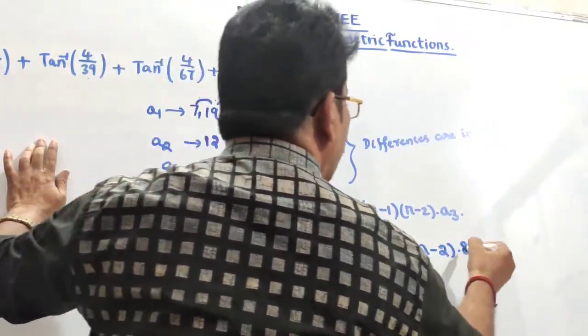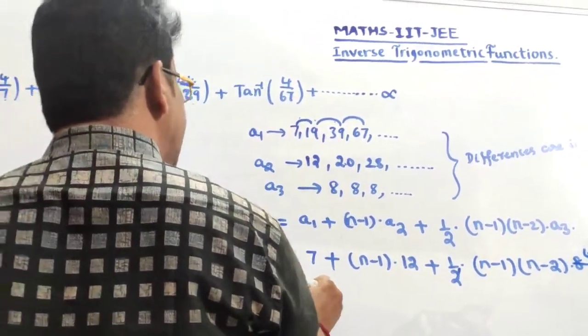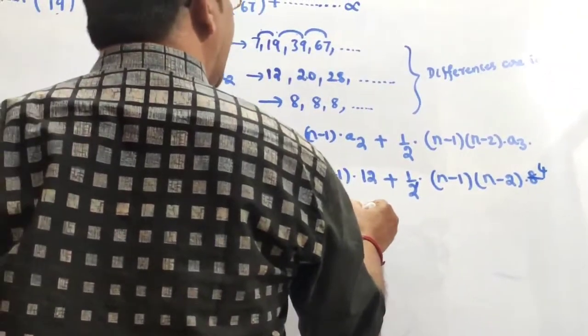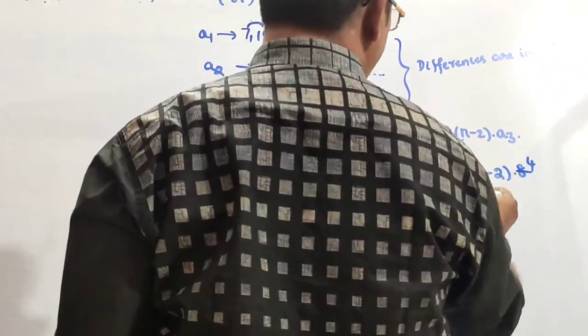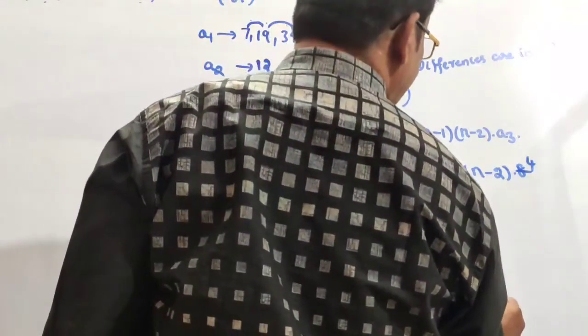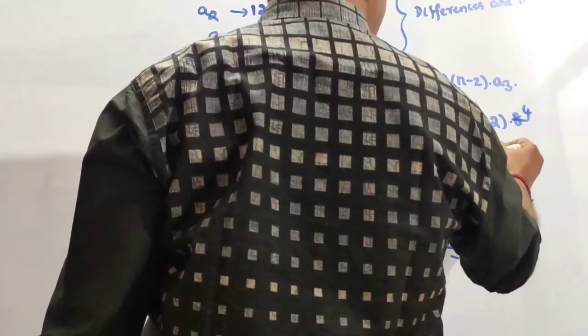So it is 2 fours. So Tn is equal to 7 plus 12n minus 12 plus 4 into n square minus 3n plus 2, which is 4n square minus 12n plus 8.